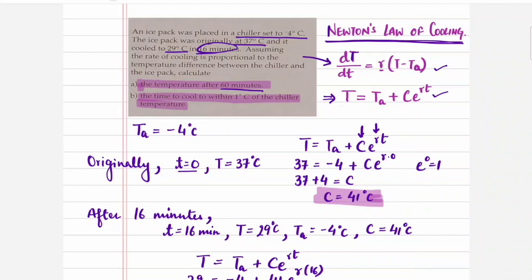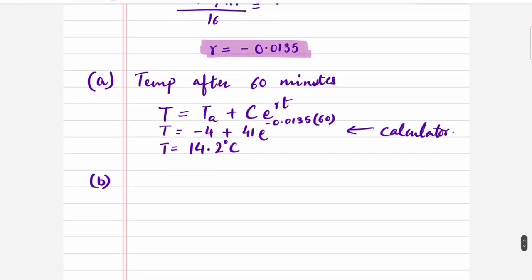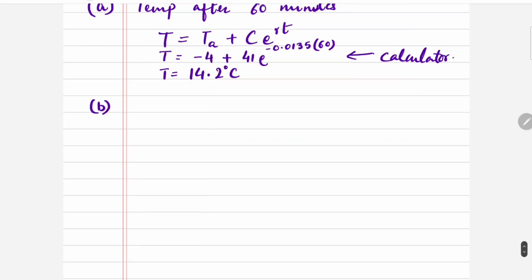So it is somewhere between -3 to -4 degrees Celsius. Right? So here again, T is equal to TA plus C e^(RT). Your T value is somewhere between -3 to -4.